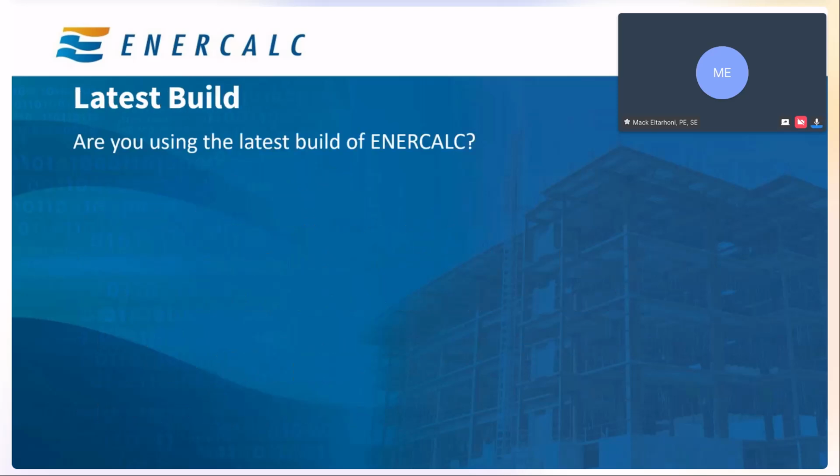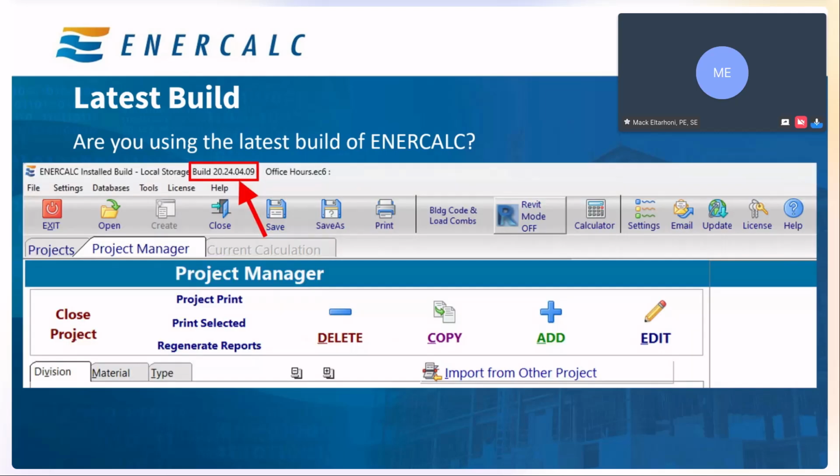So we have a couple of housekeeping items that we want to go over. The first question is, are you on the latest build of ENERCALC? If you open your ENERCALC and look at the very top, you will find your current build. We want to make sure that you get notified of any new updates, so this way you take advantage of the latest and greatest and the new implementations that we have.